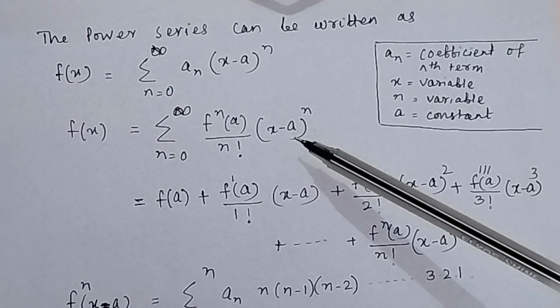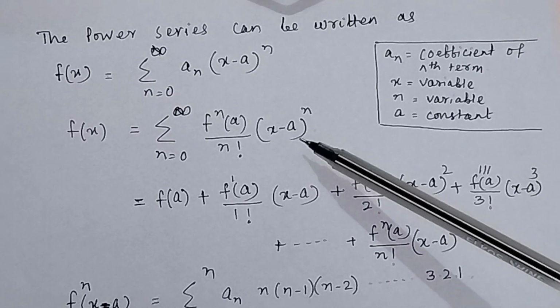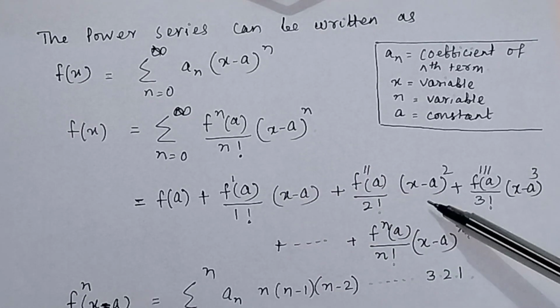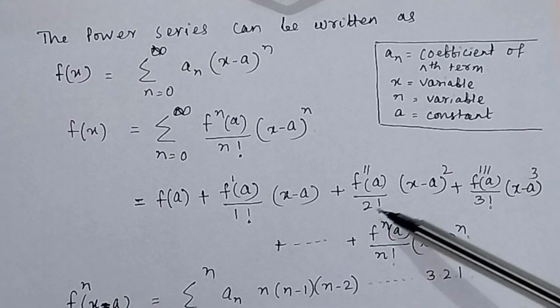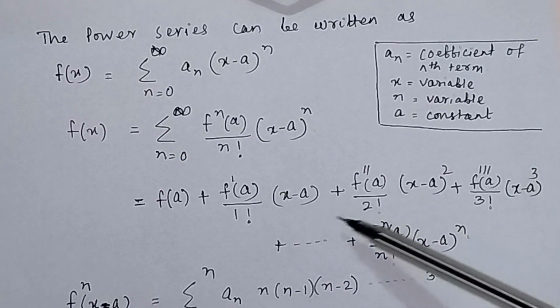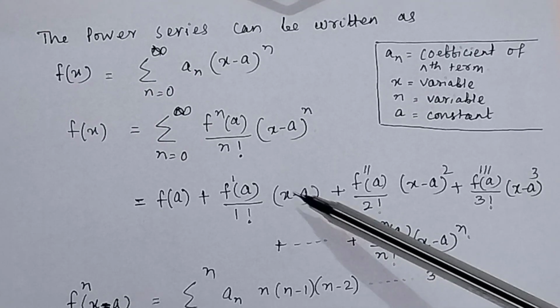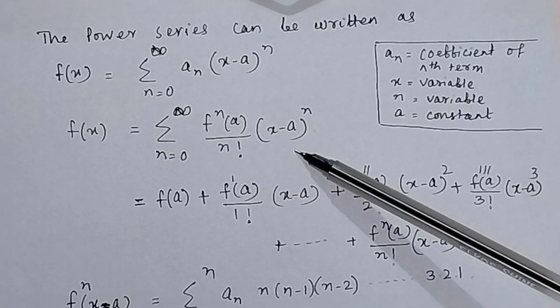That means in the vicinity of the point A, if you take the derivative of the given function, the nature of the graph will change. How the nature of the graph changes can be plotted by using Taylor series.